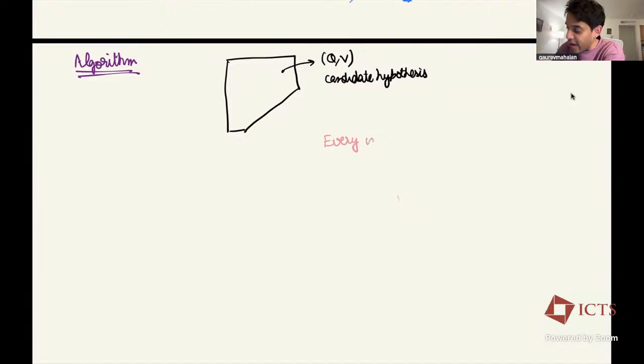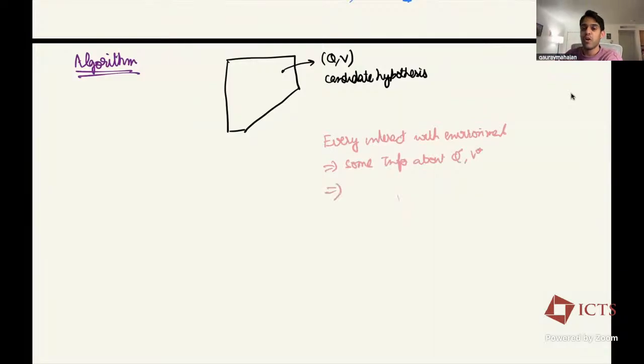Every time you interact with the environment, you get some information about Q star, V star. And what we'll see is that this is actually just a constraint over the hypothesis space. So if the space is H, it's some constraint over H.